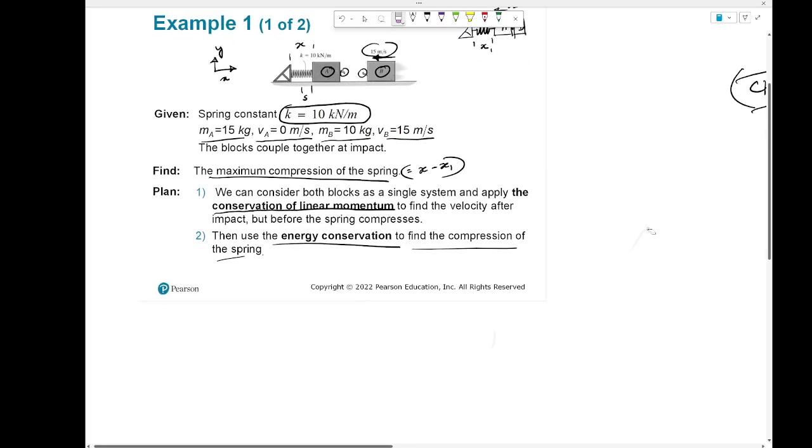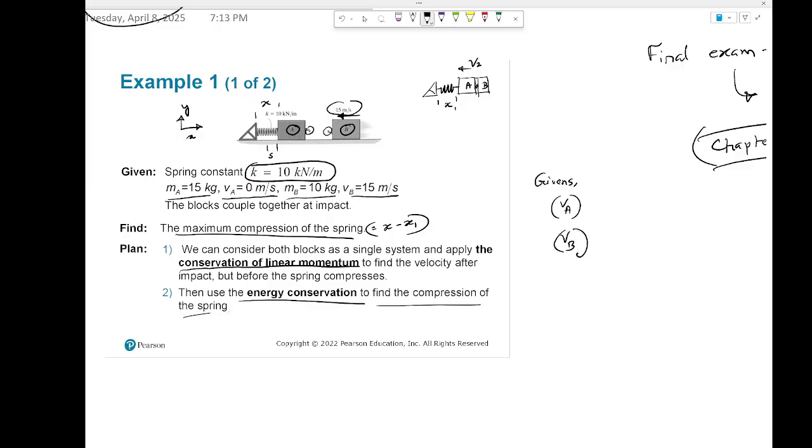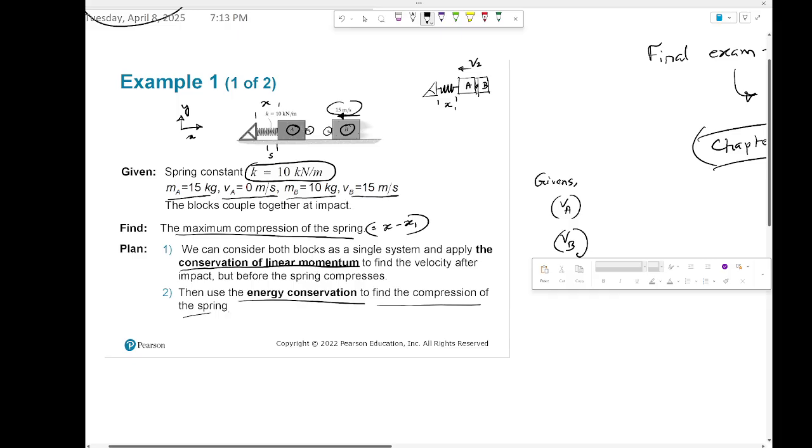Okay, so let's start with the givens. I'm going to write the givens here, so there's more space for you to see better. So vA and vB, those are two velocities. Those are givens, right? So now you can call them vA1 or vA0 or vA final, whatever subscript you want to put. I would like to put 1. And what is the velocity for block A? Anybody remember, it's 0, right?